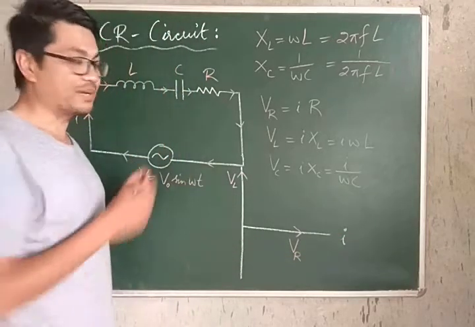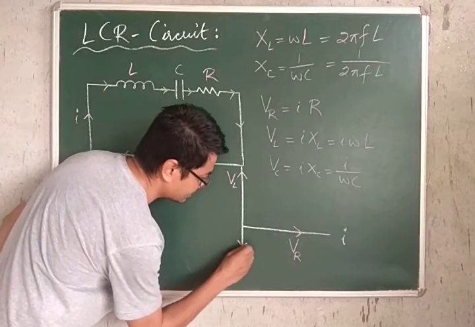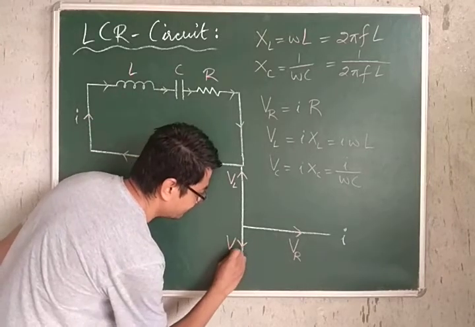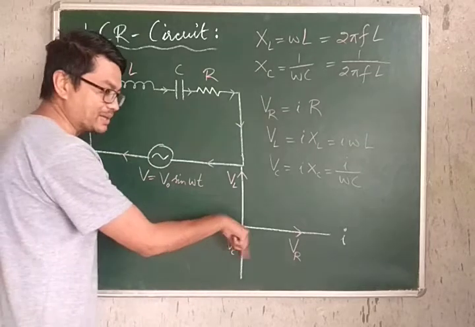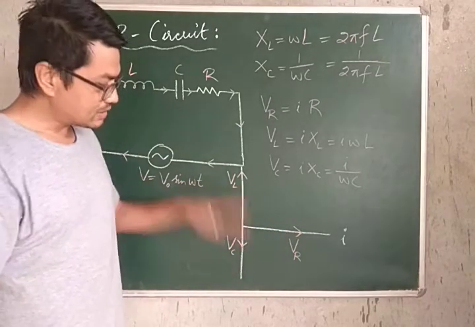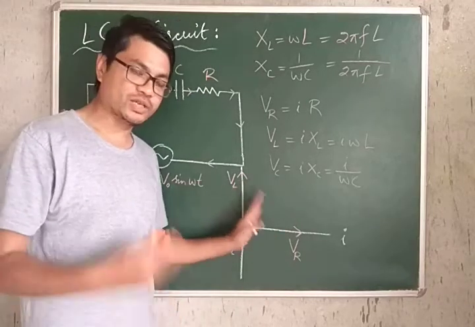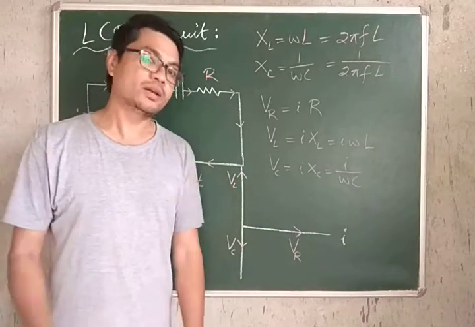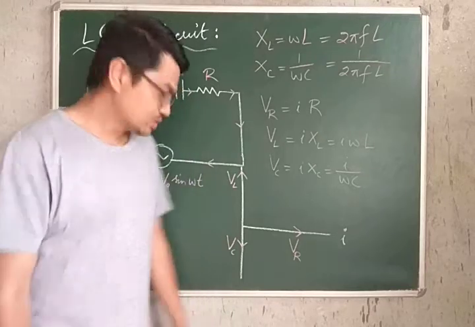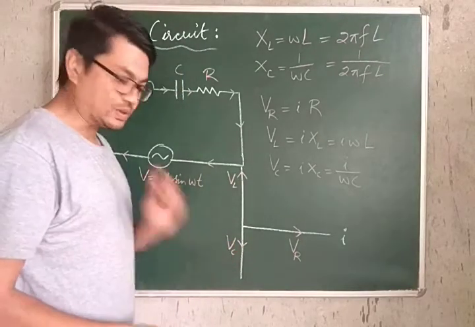So this is your VC, lagging behind the current by pi by 2. Since this is a phasor diagram, all of these components, VR, VC, VL, are vectors, so the rule of vector addition applies.